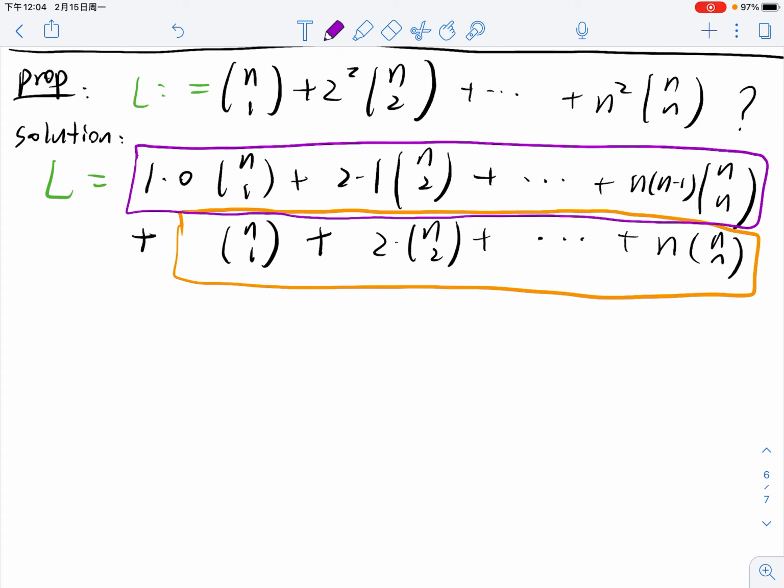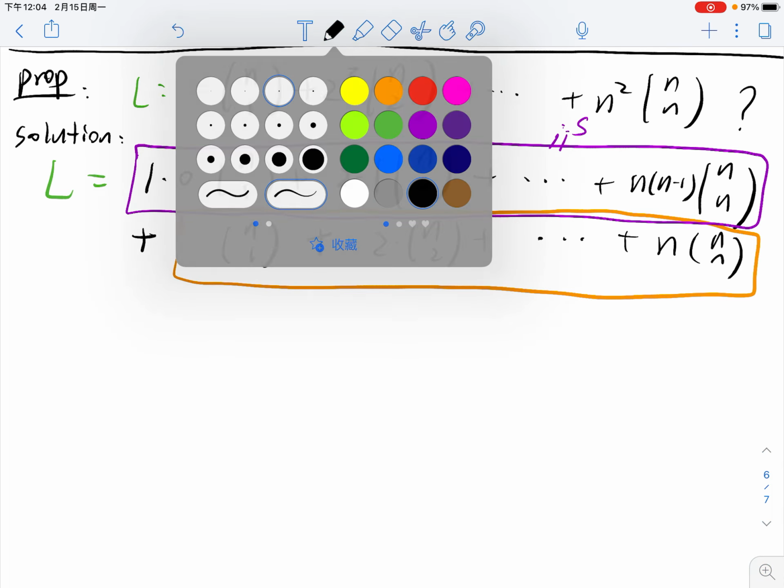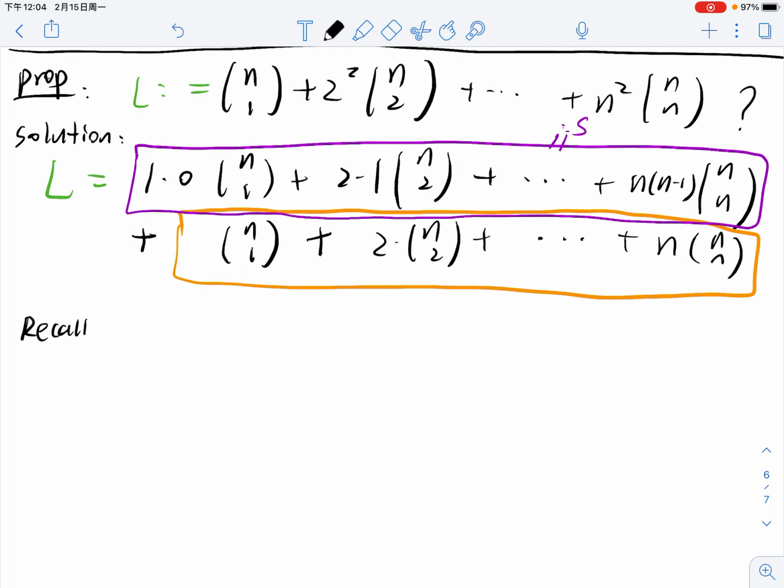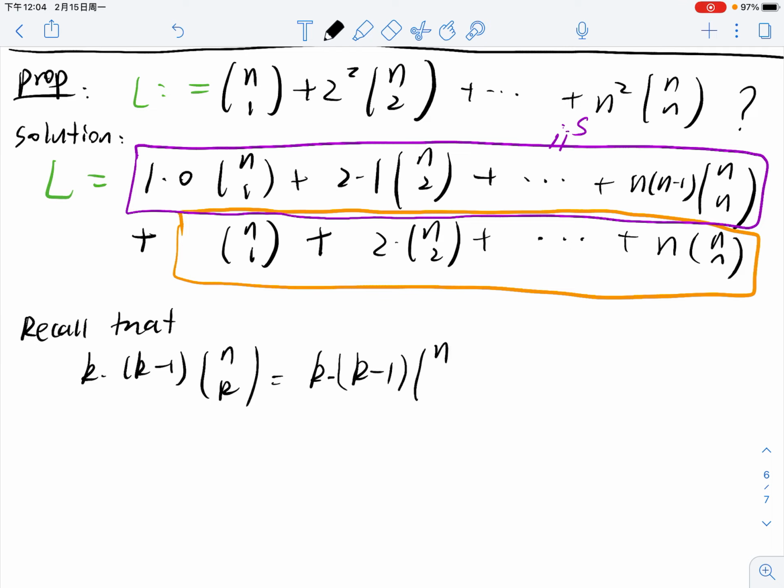So let's call this S, and recall that k times k minus 1 and choose k is k times k minus 1 and choose n minus k.